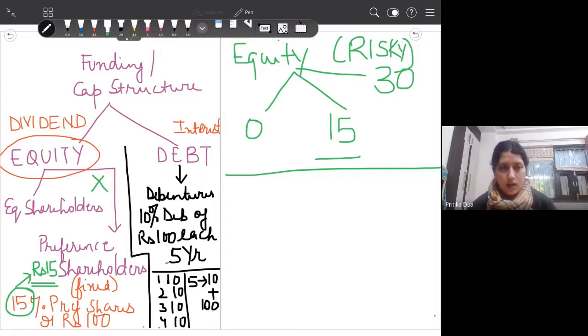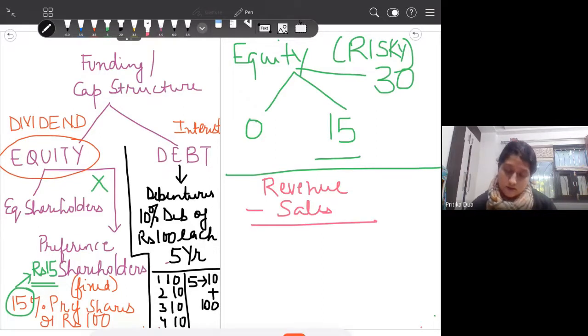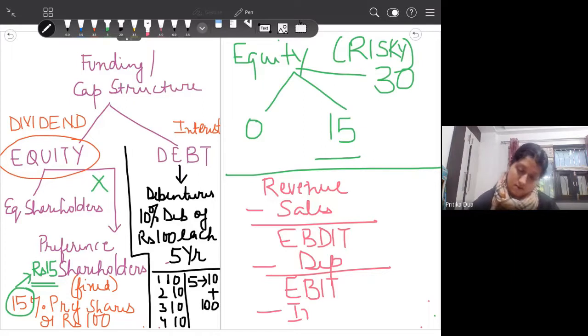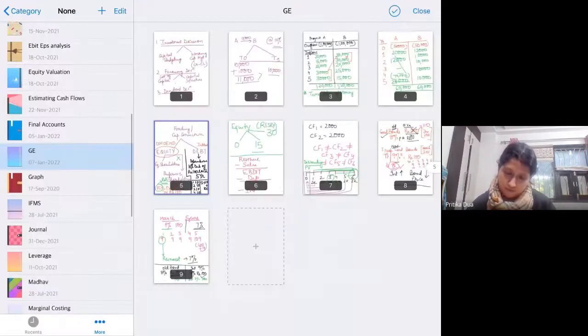So let's revisit what we did last time. Earnings. So revenue, we did revenue minus sales. So this gave us the earnings before depreciation, interest and taxes. You subtracted depreciation, giving earnings before interest and taxes. Then you subtracted interest.